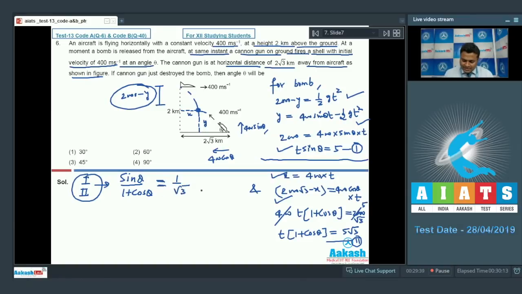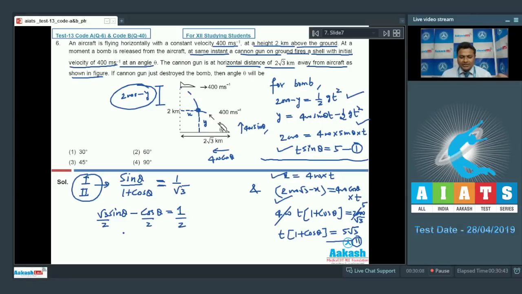Let us cross multiply it and see what we are going to get. Root 3 sin theta minus cos theta equals 1. This is what we will get. Let us divide with 2 both sides. We'll get root 3 by 2 sin theta minus 1 by 2 cos theta equals 1 by 2.